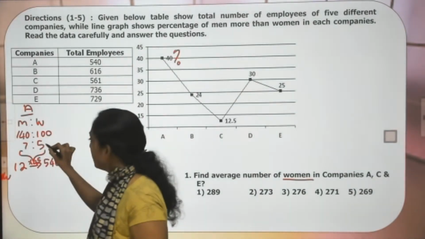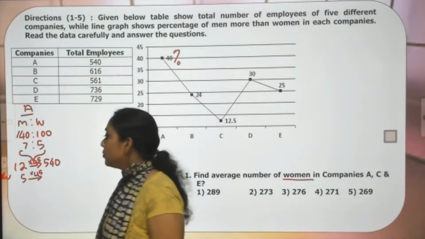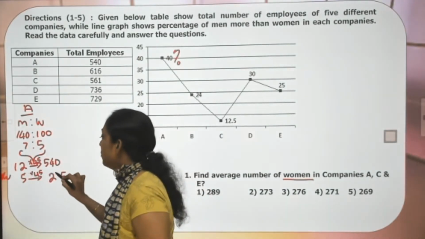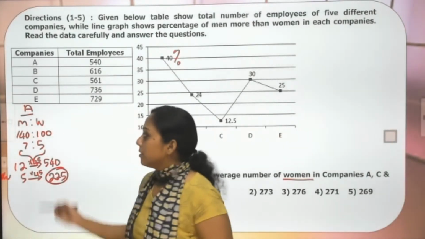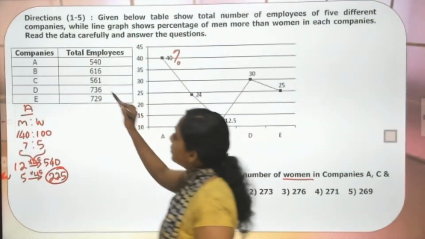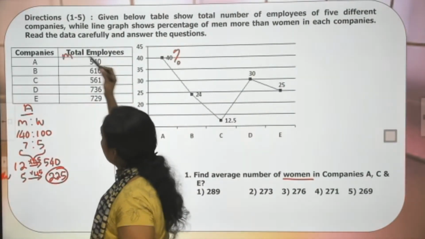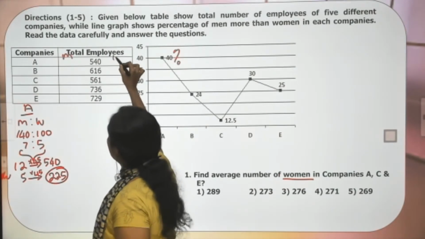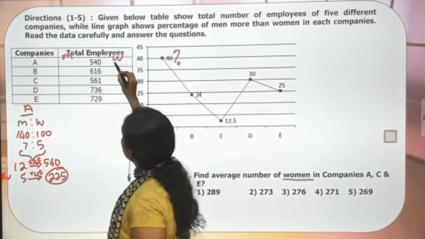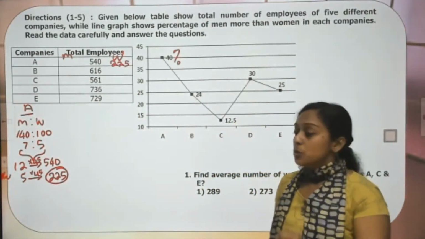Women is 5, so 5 into 45 is 225. So the number of women in company A is 225. I am noting the value for male here and the value for female here. So for A, the number of female value is 225.